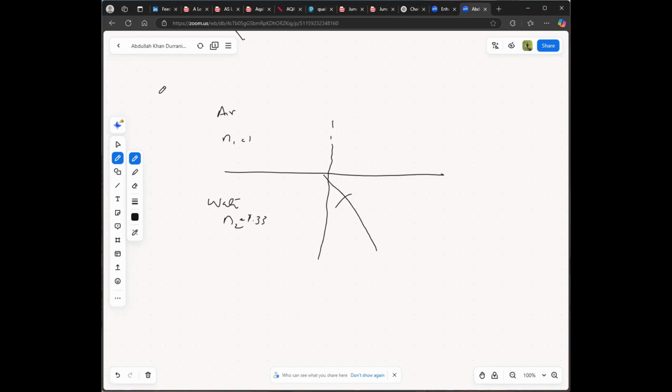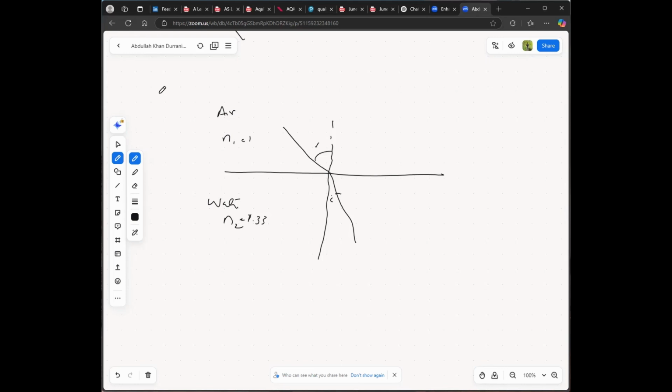So what would it be? You guys know? The angle of refraction will be more, because obviously it's going into a faster medium.